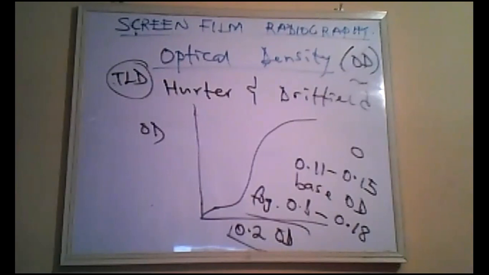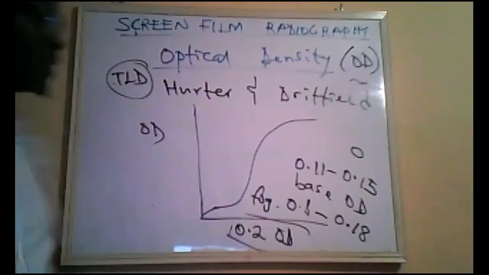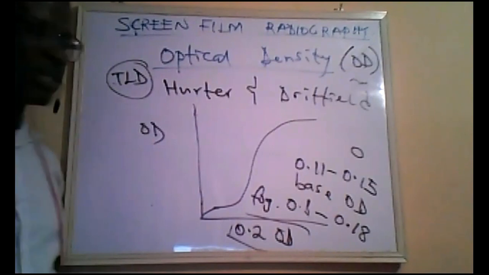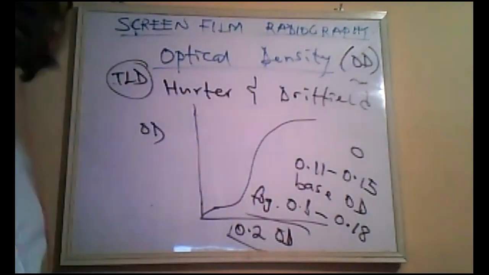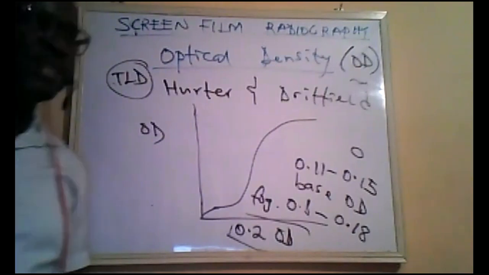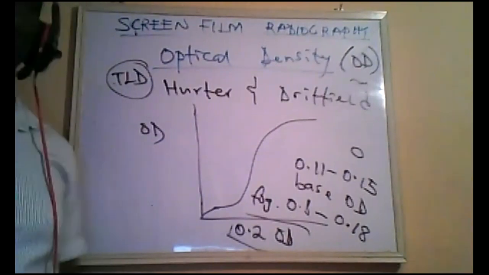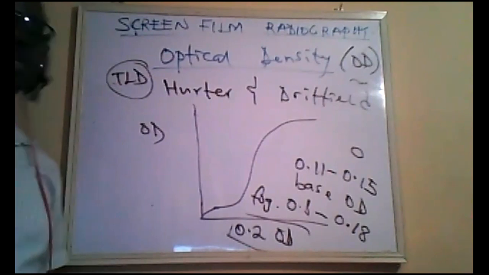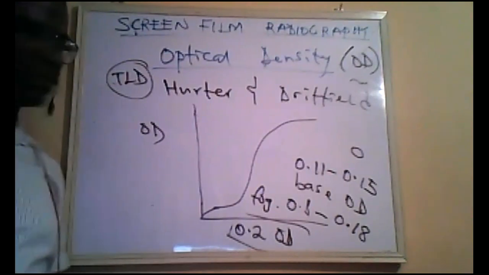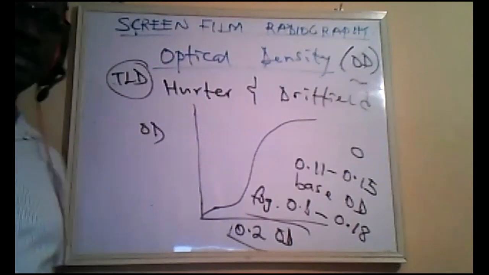Because of that, one has to be very careful about how the film is stored. That is why the film is always put inside the cassette in a very, very dark room. And when the darkroom technicians want to remove that film, it is also done inside the darkroom.